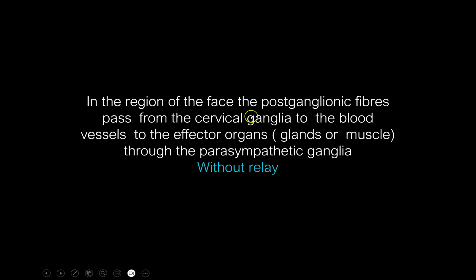So every parasympathetic ganglion, the submandibular ganglion, otic ganglion, receives parasympathetic fibers with relay, sympathetic fibers without relay, and sensory fibers, of course, without relay. So another peculiar entity for the sympathetic fibers in the face: they follow the blood vessels and pass in the parasympathetic ganglia without relay.